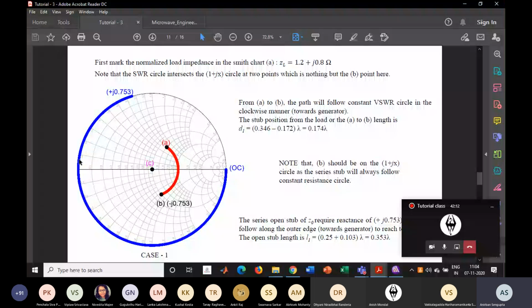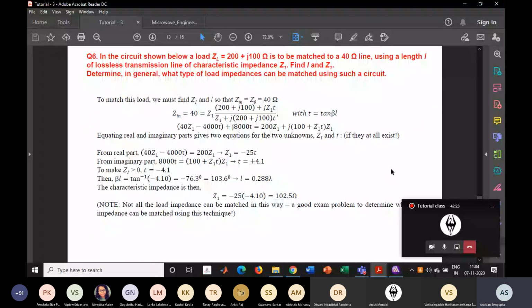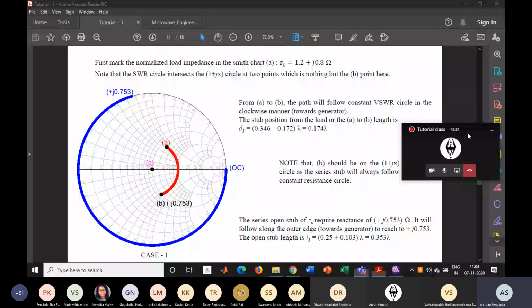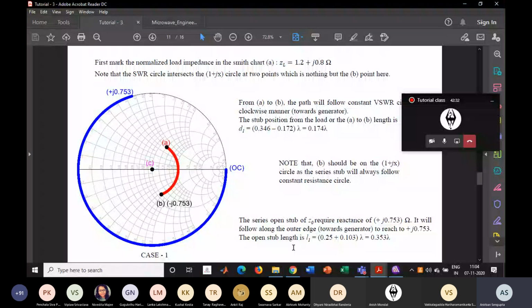So it will come out like the series open stub Z1 requires a reactance of j 0.753 ohm. That is the complex conjugate of this, and it will follow along the outer edge towards the generator. You have to go in the clockwise direction to reach this point, and the open stub length will be 0.25 plus 0.103 lambda. You can find it directly from here.